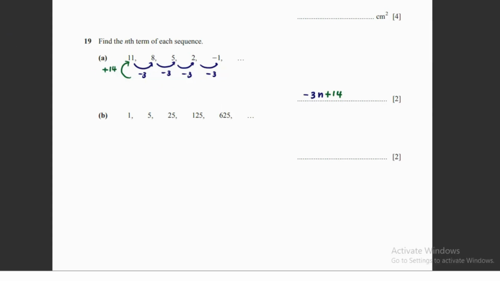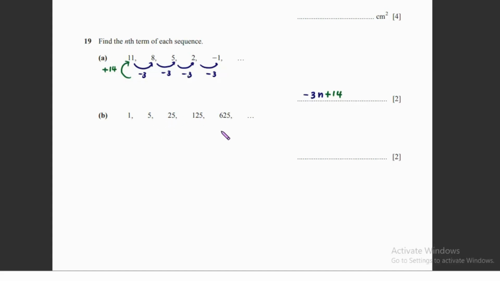In the next sequence that is given to us, it does not decrease by the same amount each time, just like in the previous one. The previous one is an arithmetic sequence, but in this case, it's not an arithmetic sequence because it decreases by different amounts each time. But the moment you see the numbers, they look like powers of 5.